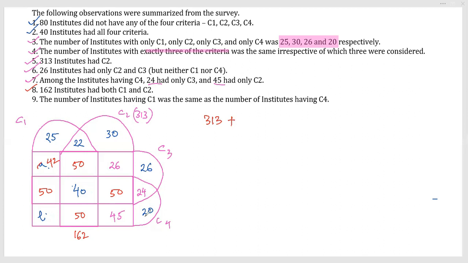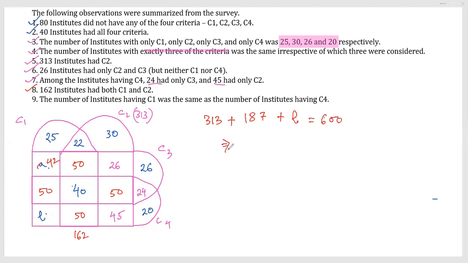It is 50, 20, 70, 70 plus 50, 120, 120 plus 42. That means 162, 162 plus 25, 187. That is this plus B remaining, which is equal to 600.